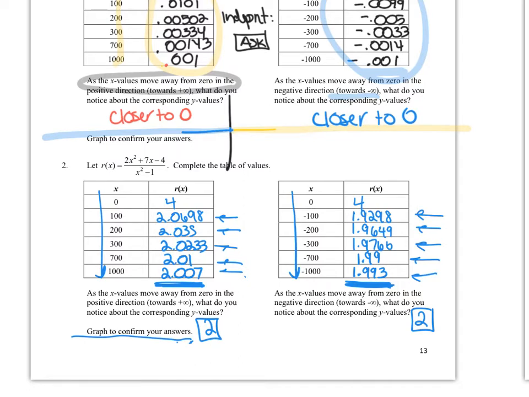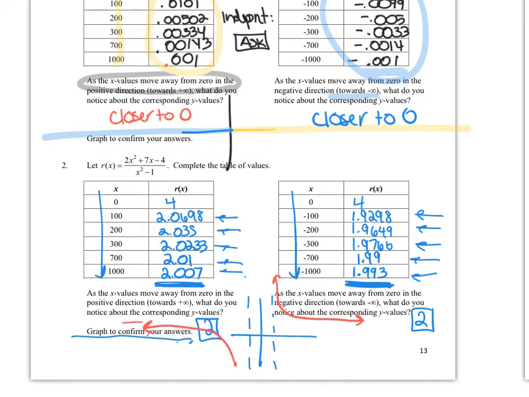When you go look at your graph, it is a little bit complicated in the middle just because it's busy. There's a lot going on. There are vertical asymptotes at 1 and negative 1. But your graph gets closer to 2 from above on the right, and it gets closer to 2 from below as it goes out.